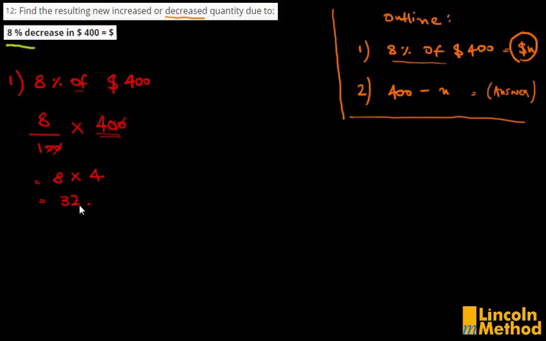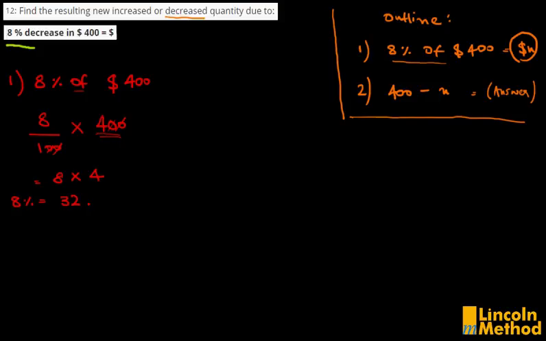So this is what this 8% equals to. I'll just write this down here, although we don't have to write it, but just so that you understand it better. So 32 is the amount that equals 8% of $400.